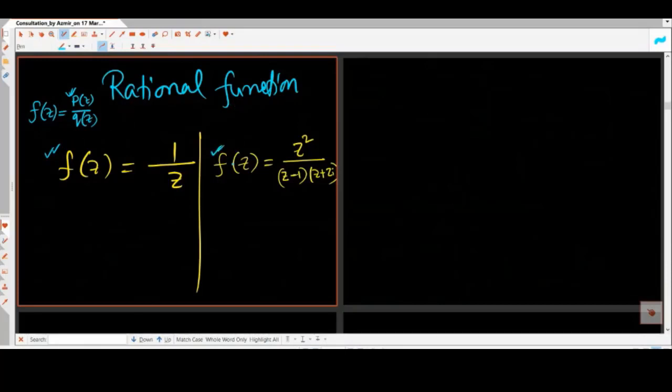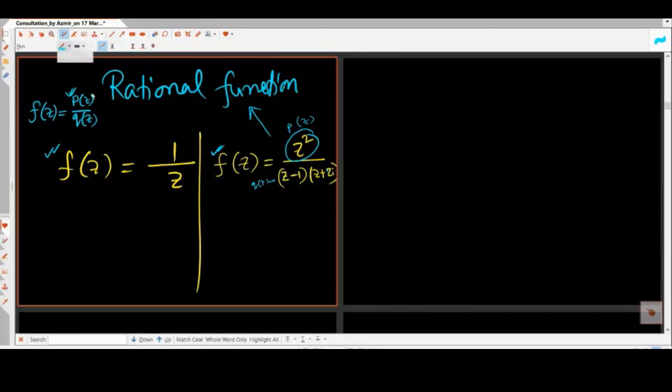Similarly here, f of z equals z squared over (z minus 1)(z plus 2i). So in the numerator, we have polynomial function p of z. In the denominator, we have another polynomial function q of z. But it is called a rational function.